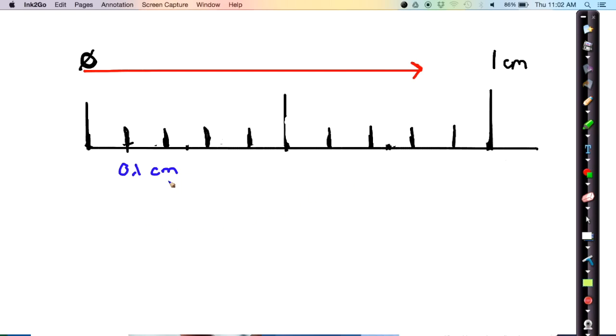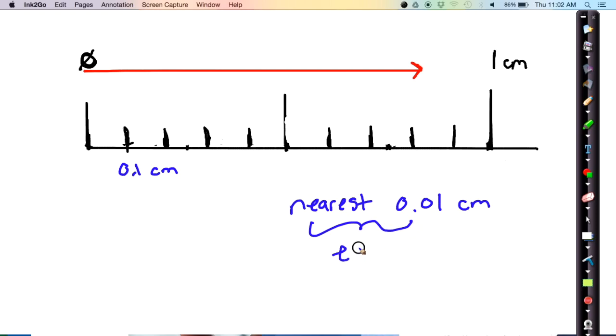So for this particular ruler, since the smallest marking is a tenth of a centimeter, we're actually going to make our measurements to the nearest hundredth of a centimeter. We're going to estimate one place past the smallest marking on our ruler, on our measurement device.